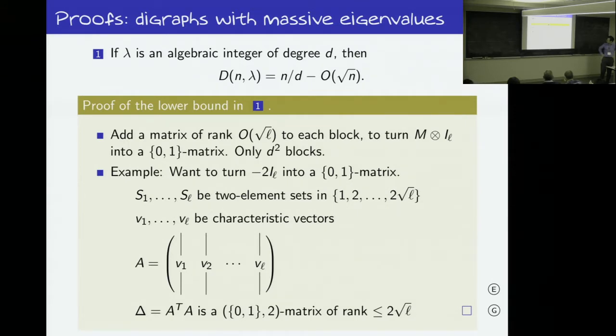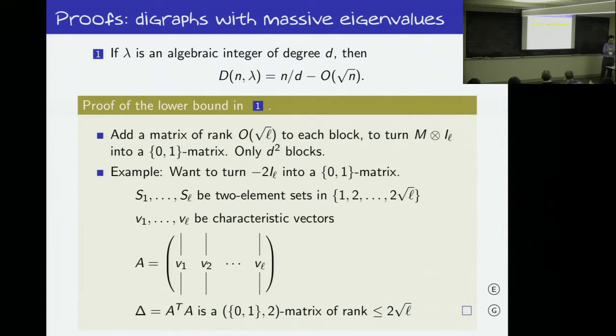What we are going to do is take a set of approximately square root L elements, and look at all 2-element subsets of that set. So this is a family of approximately L 2-element sets, because the ground set has size square root L. We make the construction I told you about towards the beginning of the talk, where I have a family of sets, I look at characteristic vectors, make a matrix out of those characteristic vectors, and then form the Gram matrix.